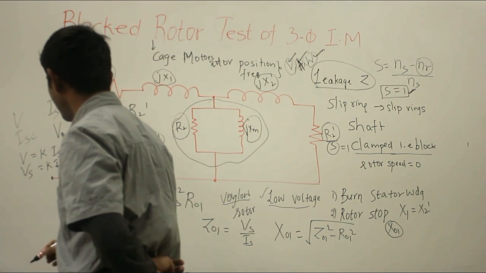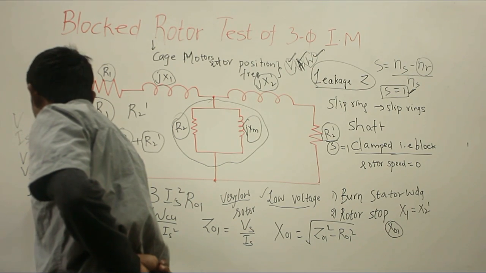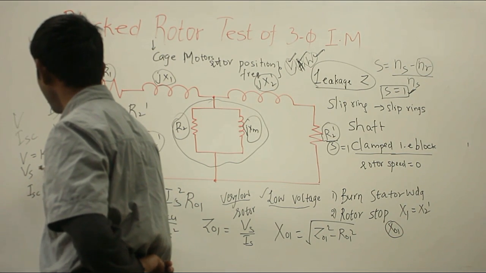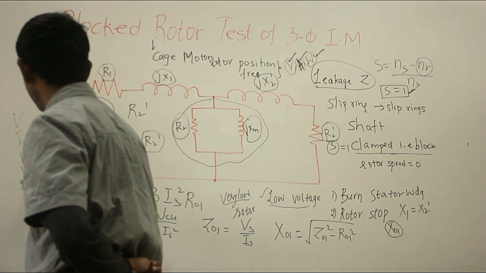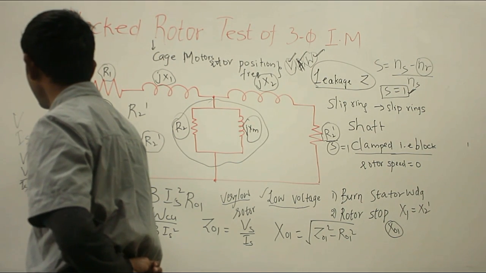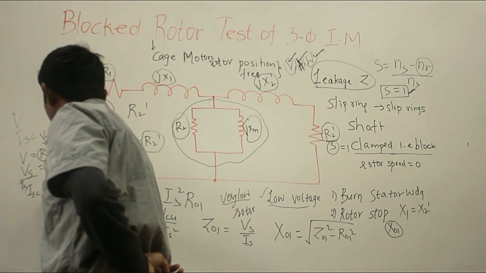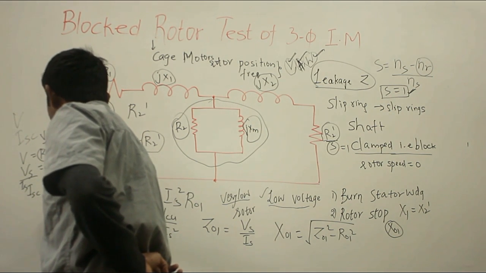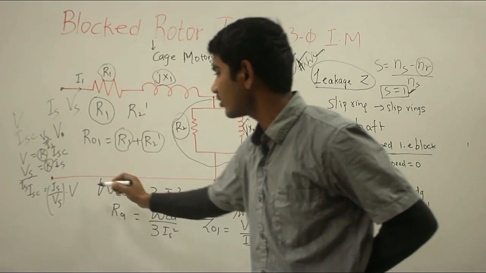So from here, putting K equal to Vs upon Is, Isc is equal to Is by Vs into V. So this gives you the short circuit current at normal voltage.